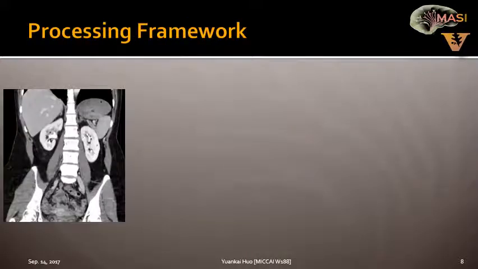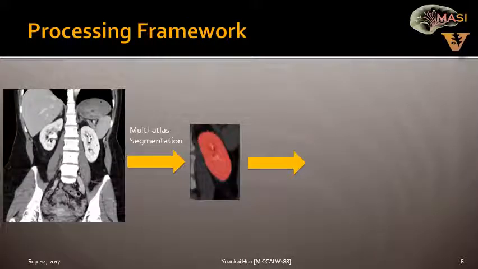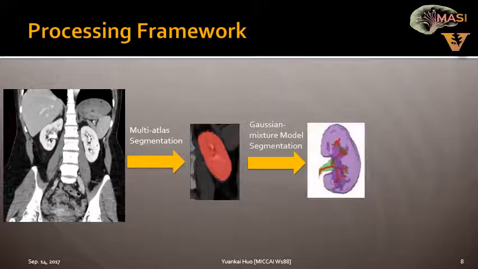So here is the processing framework. First, when we have the image, we perform the whole body multi-atlas segmentation to get the whole kidney segmentation. Then, from the kidney, we use Gaussian mixture model-based segmentation to get the urine collecting system and the 3D renderings.